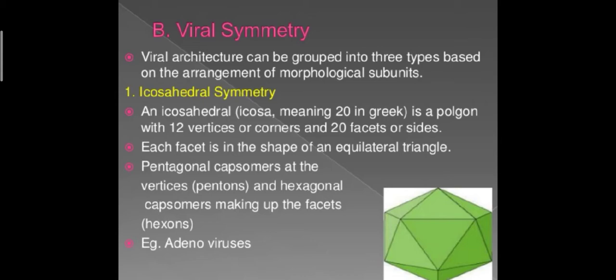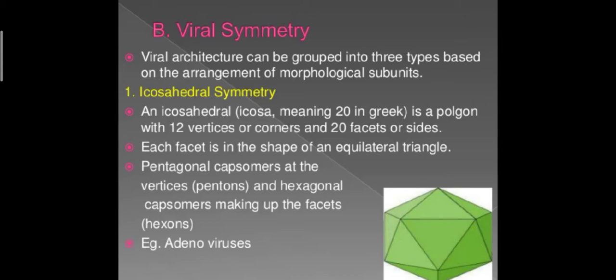Icosahedral symmetry. Icosa in the Greek word means 20. The particular virus is made up of icosahedral symmetry shape. With corners, it brings the shape of 20 facets or sides.